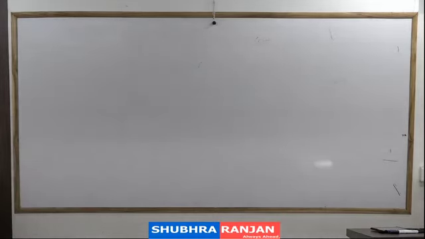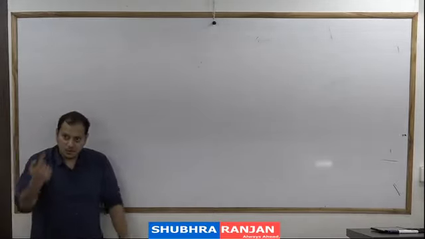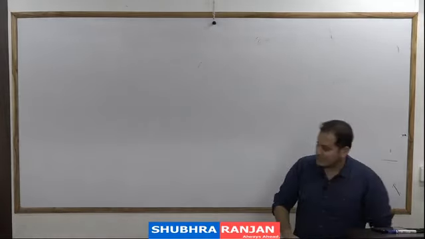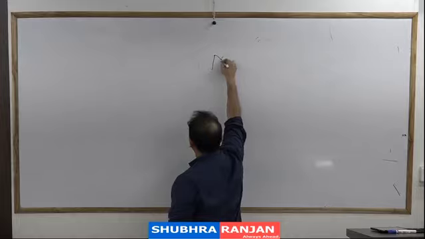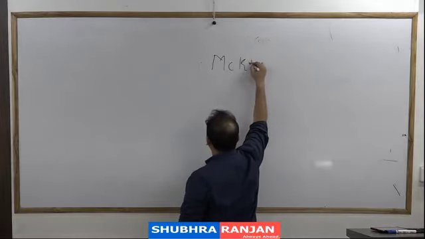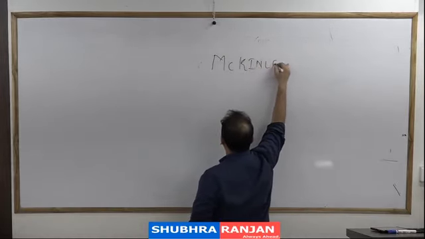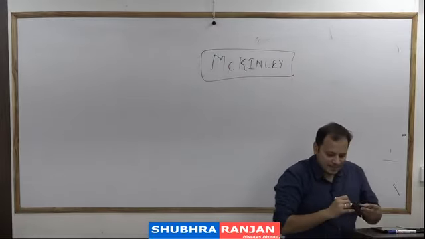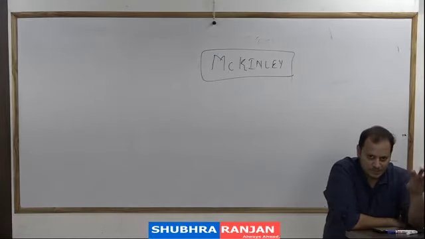And out of this, first is the highest peak of the Rockies. Go to Alaska and you will see a famous mountain. McKinley is the highest peak of the Rockies. McKinley Mountains.